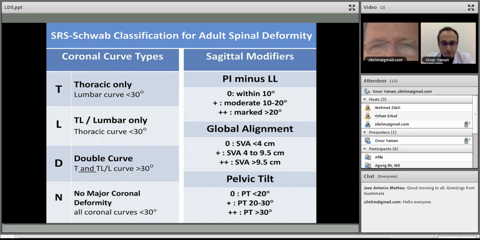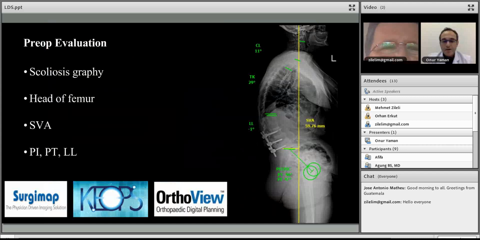According to this classification, we have to bring the pelvic incidence minus lumbar lordosis to less than 10 degrees. We have to get the SVA less than 4 centimeters, and we have to bring the pelvic tilt less than 20 degrees. But this classification doesn't tell us how we have to operate these patients.